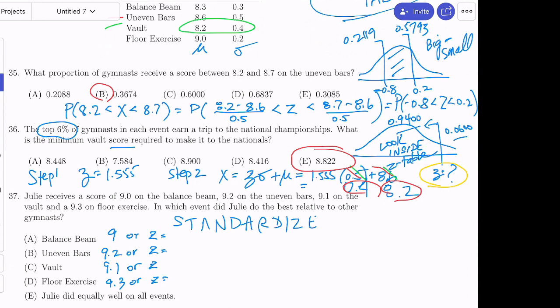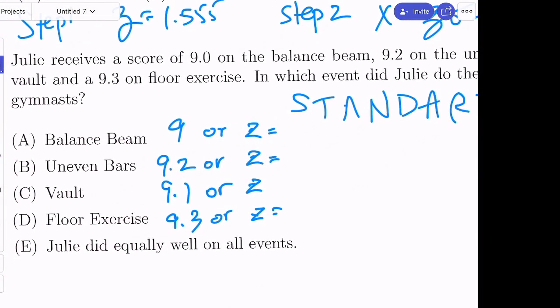So for this one, I'm going to make it bigger. It's going to be 9 minus 8.3 divided by 0.3.